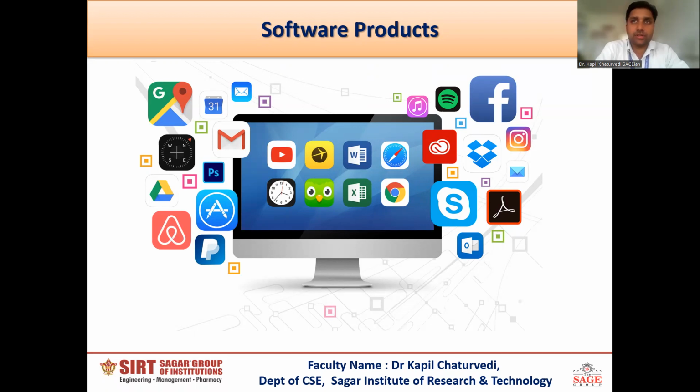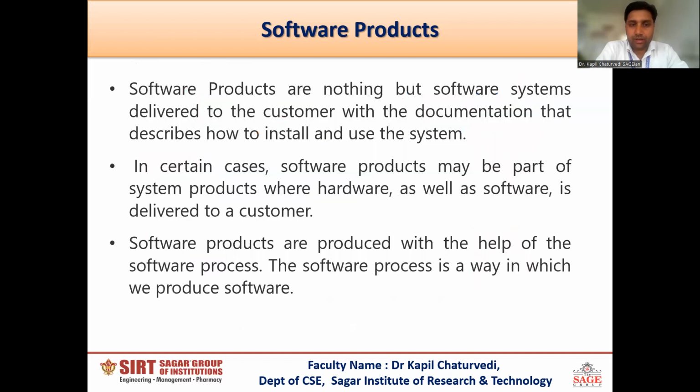Like if you are implementing an application for banking, so for you that application is a web application or a software, but from a bank's point of view or the customer's point of view, that software is a product. And the process is a mechanism by which you implement one of the software, one of the project, or one of the product.